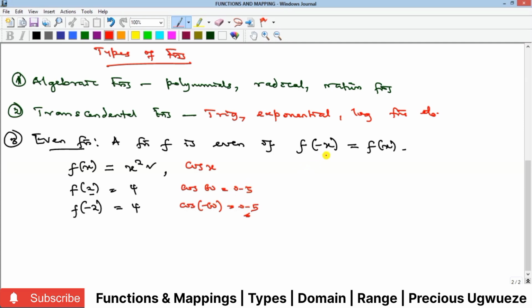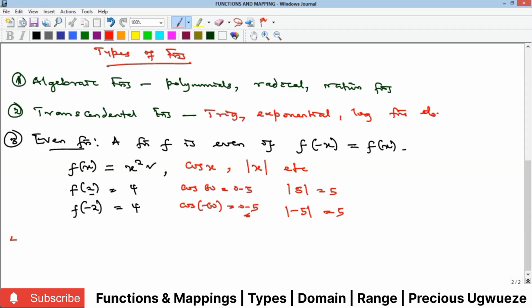So f of negative x will always be equal to f of positive x. Another example of an even function is the modulus function, the absolute value of x. If absolute value acts on 5, I get 5, and if it acts on negative 5, it still gives positive 5. And then we have etc. There are many of them.